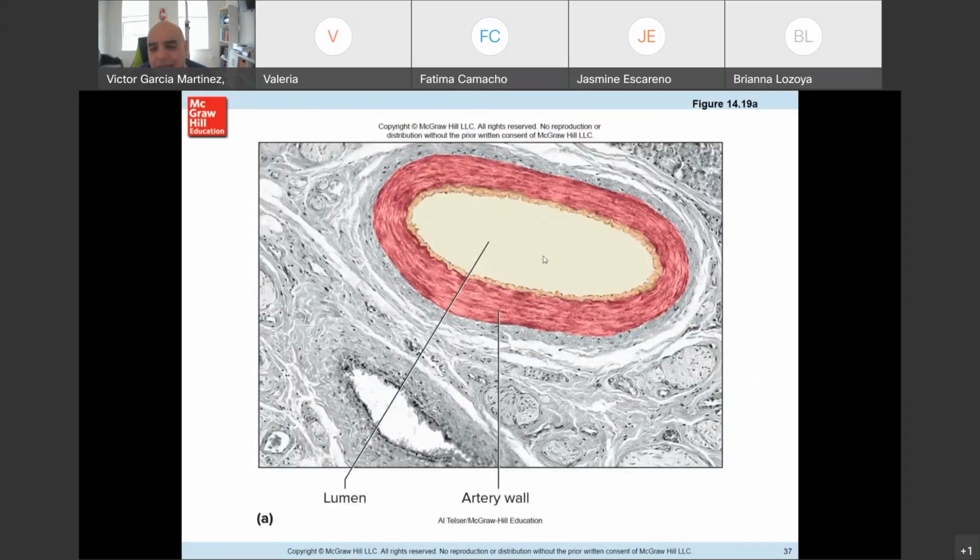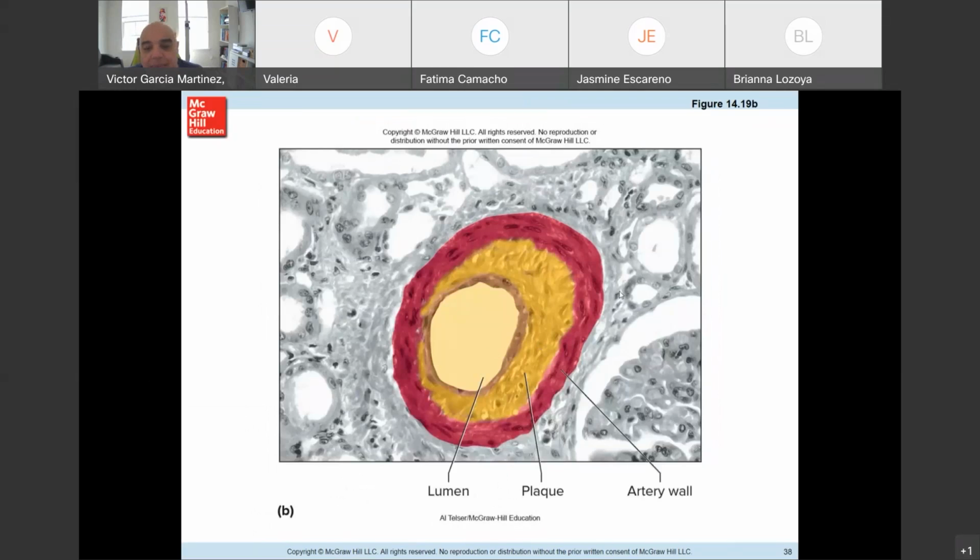As you can see here, guys, we can have the blood vessels. This is the lumen. This is the artery wall. Remember, we have here the endothelium. Then you have this wide wall, which is the muscle. This is a normal blood vessel. But sometimes our blood vessels can have external damage or internal damage. As you can see here, this is a plaque filled with fat.